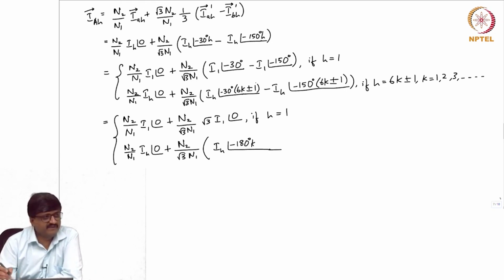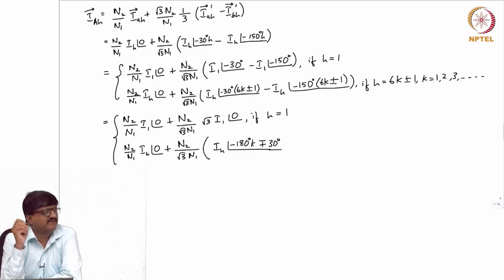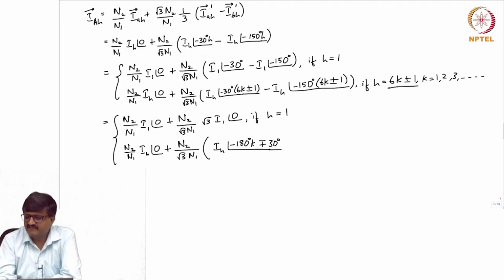Minus 30 into plus minus 1 will give minus plus 1 into 30, minus plus 30 degrees. Now, one should note the order of plus minus. If you look at the expression for h here, it is 6k plus minus 1. So, when you take plus sign in the expression for h, you get plus sign here.